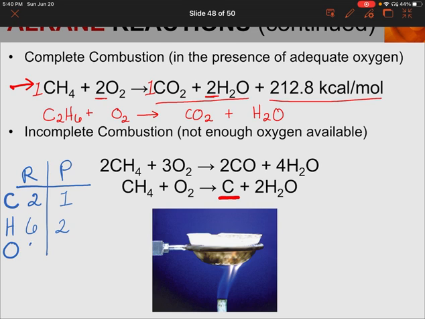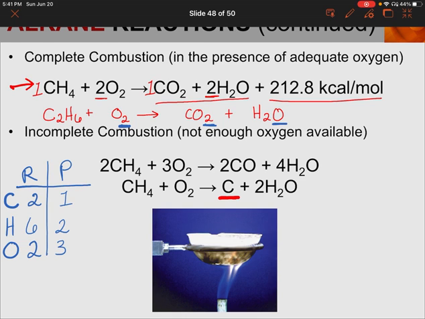So we have 2 oxygens in the reactants. In the products, we have 2 plus 1. So that's a total of 3. So what I recommend here is to start by balancing carbons and hydrogens, and we'll leave the oxygens for last since oxygen is split between 2 products here.